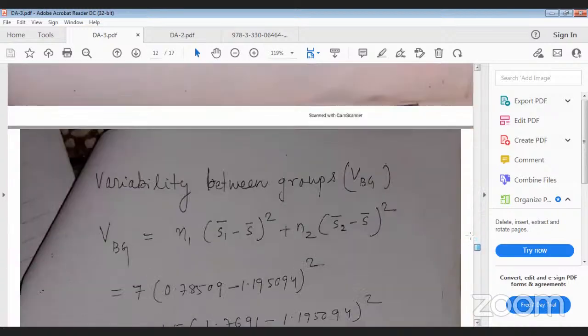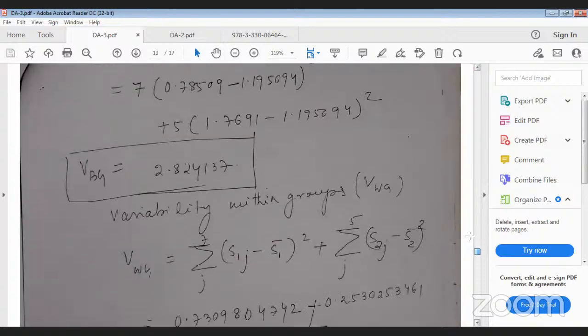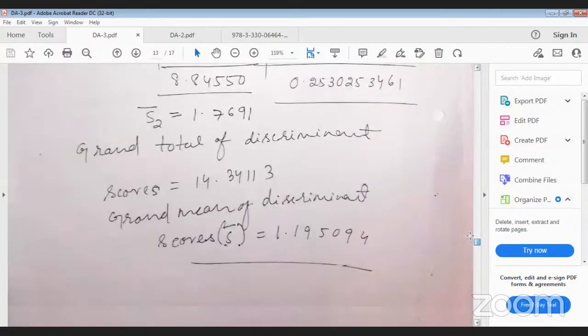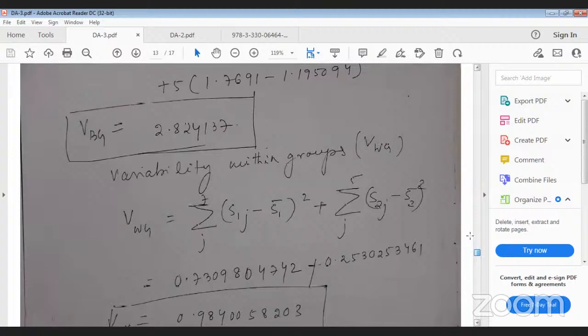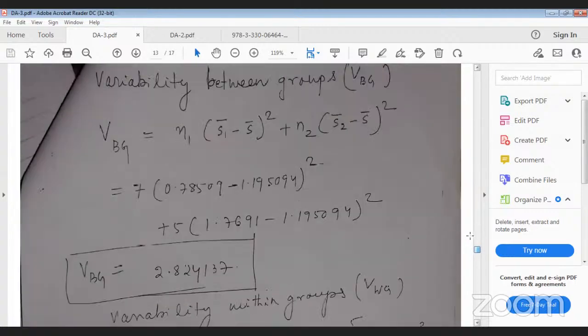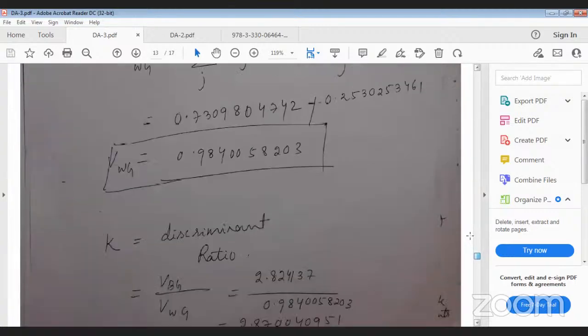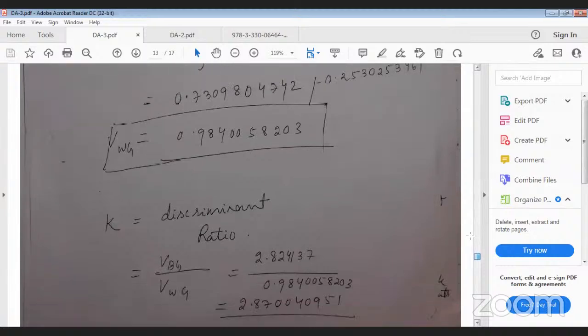Okay. So variability between the group and variability within the group, that you have to calculate by using this formula. Okay. So this portion is necessary for calculating the discriminant ratio.